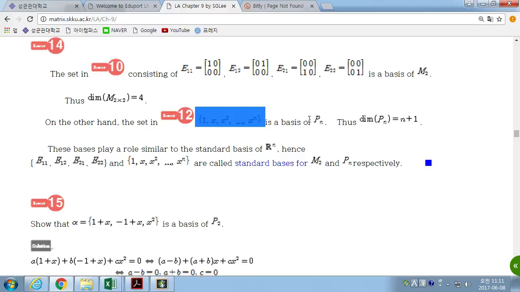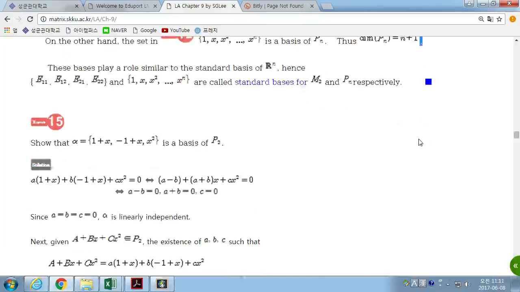How many vectors are in this set? It's from 0, 1, 2, 3, up to n. So we have n plus 1 vectors. So the dimension of Pn is the cardinality of the basis, which is n plus 1.